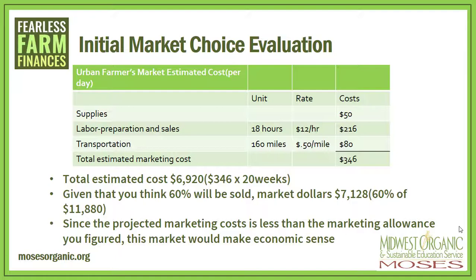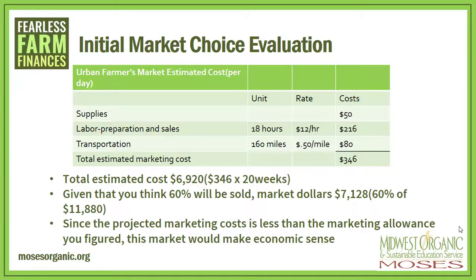Round trip mileage is 160 miles, so that's the next line down. At 50 cents a mile is $80. All of your marketing supplies, annual costs for your signage, tables, maybe your tent, and then vendor fees for this particular market are estimated at $50 per day.